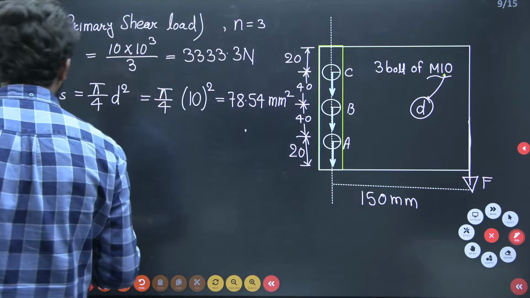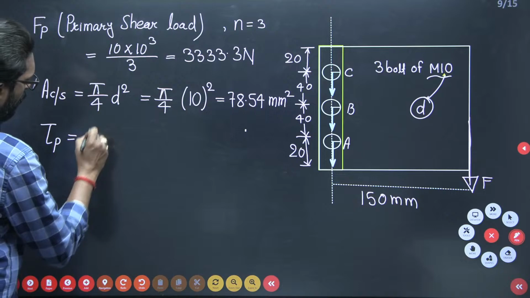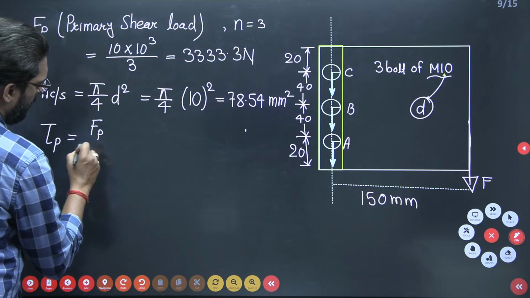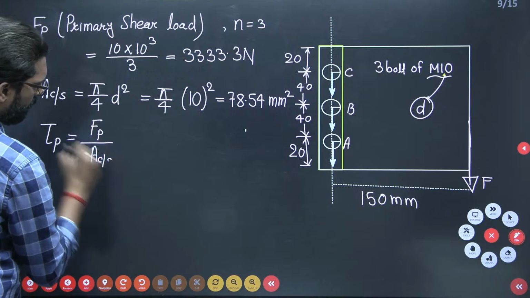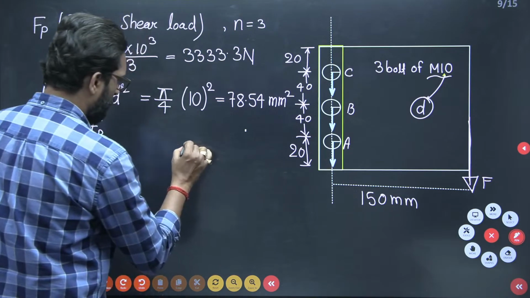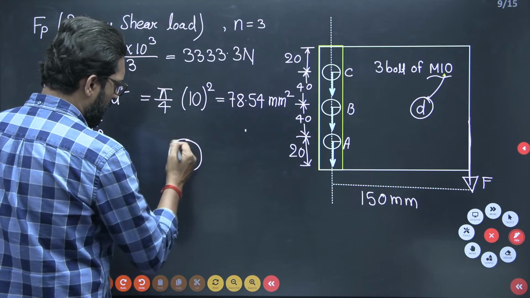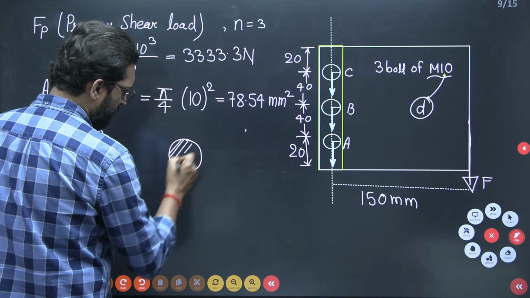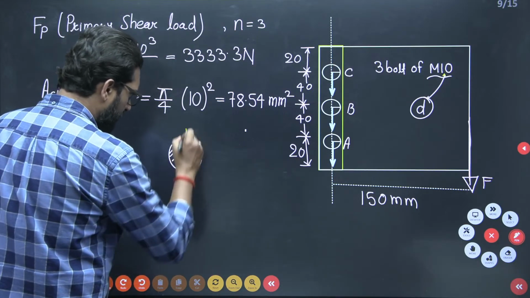So what is the primary shear stress? This load FP divided by this cross section area. See, this is your bolt, this is the cross section area, and this force is applied in this direction.